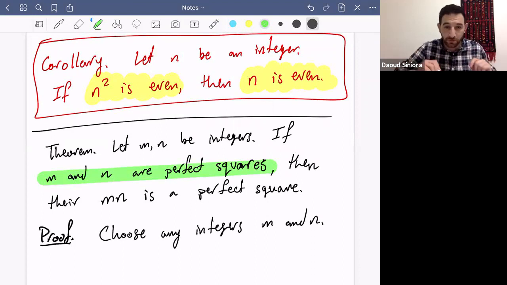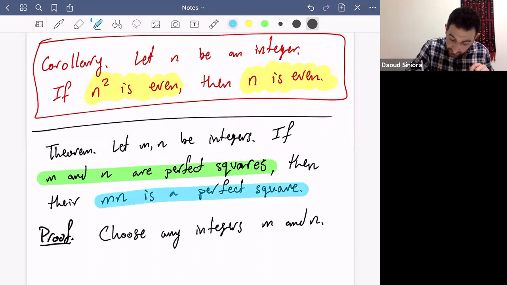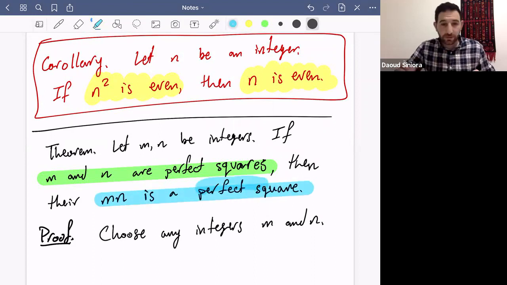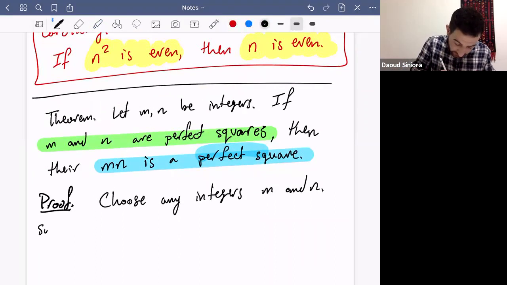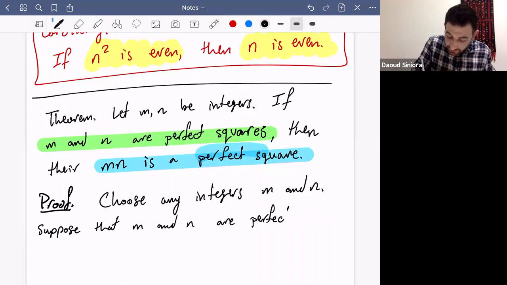And then what do we want to show? The conclusion is true. Show that their product is a perfect square. Okay, so let's do this. So now suppose that m and n are perfect squares.